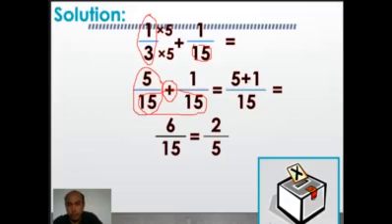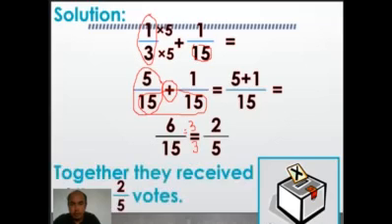How did we come up with the 2/5? We divide by the greatest common factor of 6 and 15, which is 3, so 3 over 3. So together, they received 2/5 of the vote. That is the answer for this specific problem.